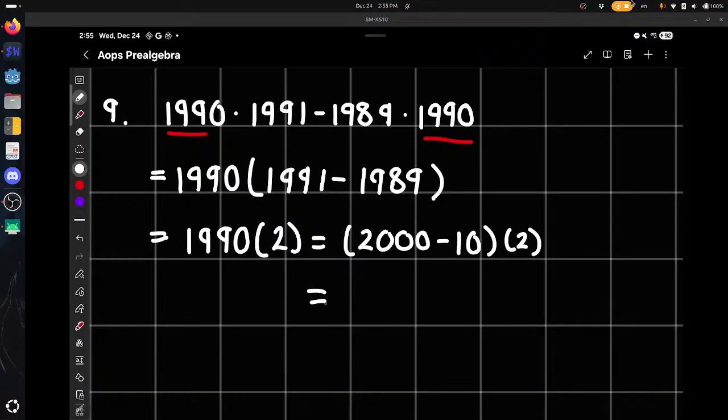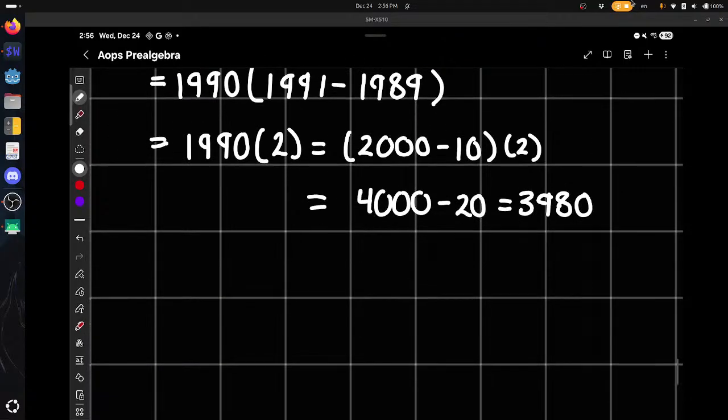I'm just gonna spam this technique. Becomes 4000 minus 20, which is 3980. Let's double check that. Yeah, I think that's right.